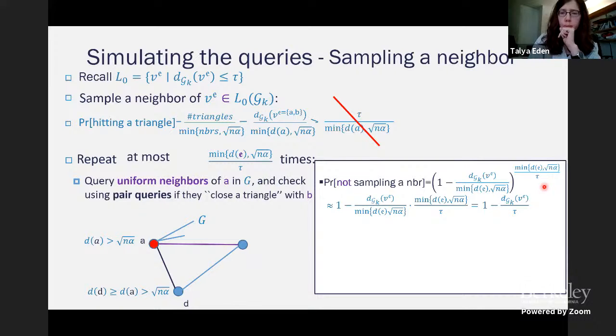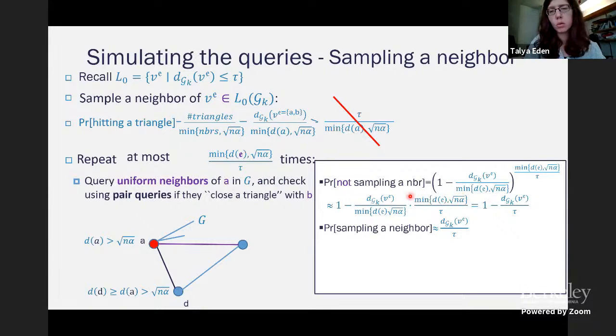So 1 minus x to the y is roughly 1 minus xy, right? These two terms cancel, we have the same term here and here, and we just get that the probability we do not sample a neighbor is 1 minus the triangle degree of this edge over tau. So the probability we do sample a neighbor is the triangle degree over tau.